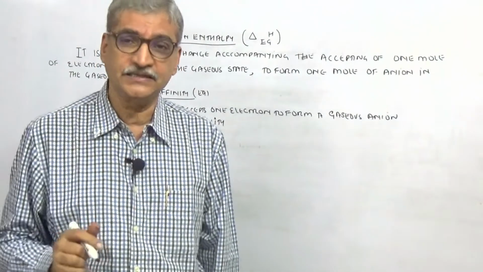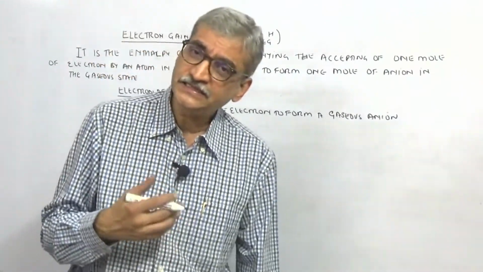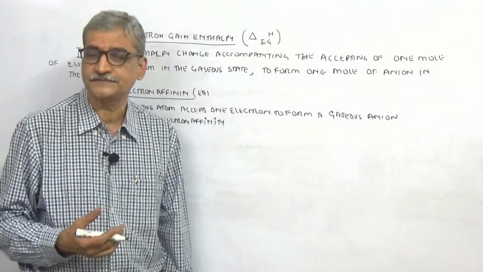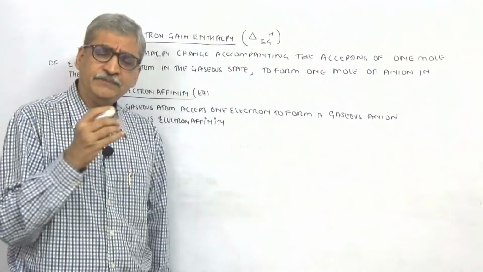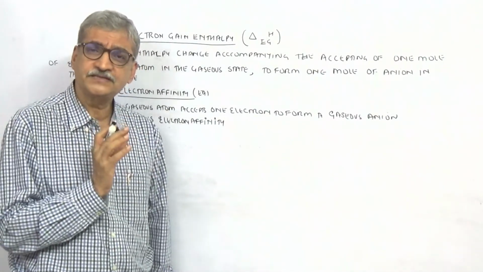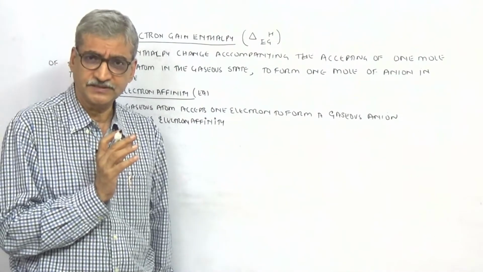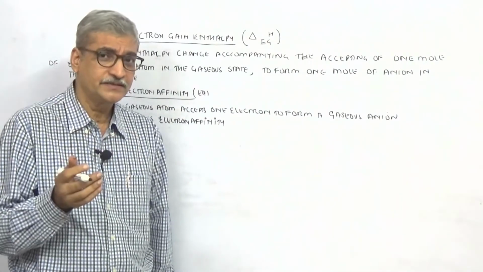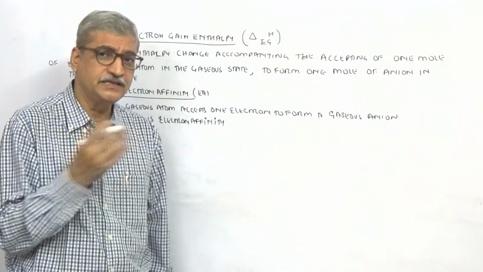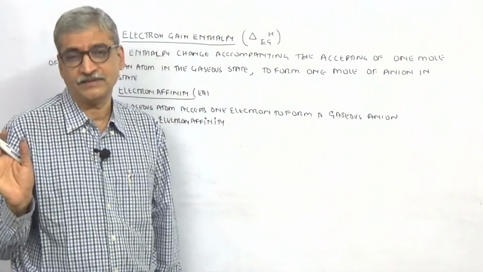Why is the energy released? The incoming electron faces repulsion. So some amount of energy is released to overcome the repulsion. Is this clear?